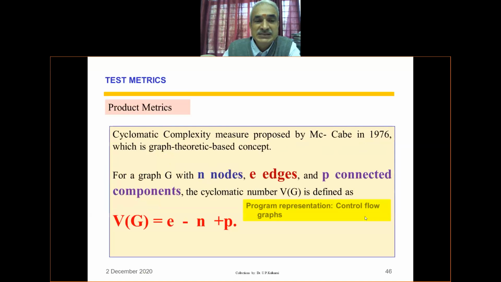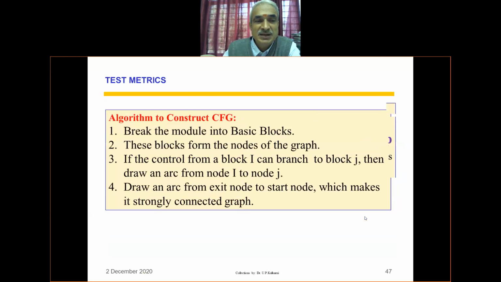Now I'd like to summarize the algorithm. You can note down this algorithm also. Break the module into basic blocks. These blocks form the nodes of a graph. If the control from block I can branch to block J, then draw an arc from node I to J. Simple.